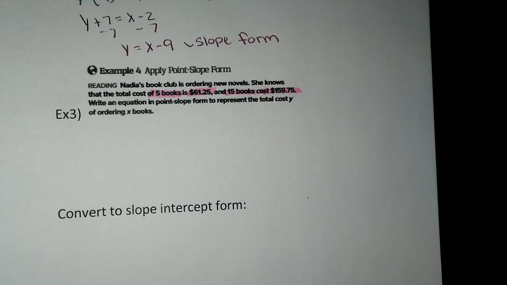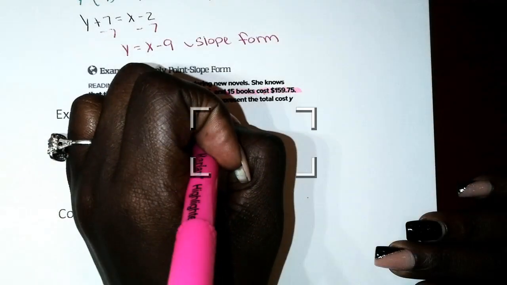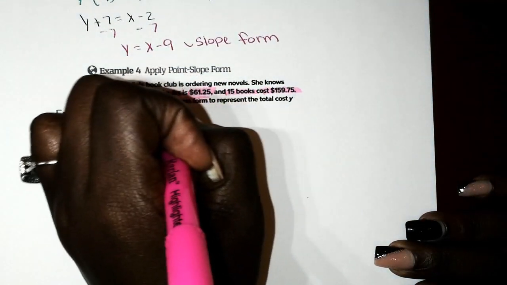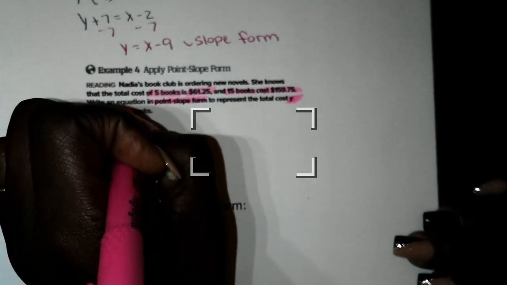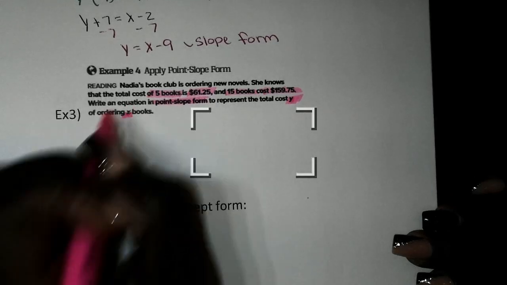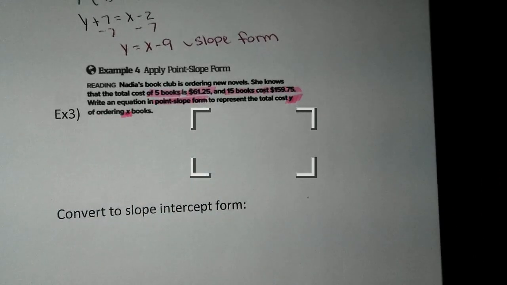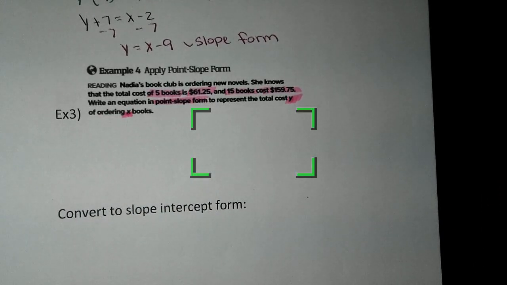Now we need to write our equation in point slope form to represent the cost, y, of ordering x books. So they gave us our y and our x already. Our y is the total cost of the books, and the x is the amount of books.